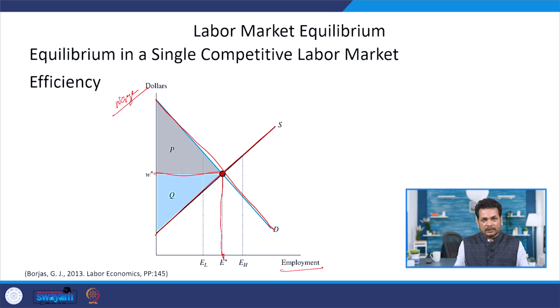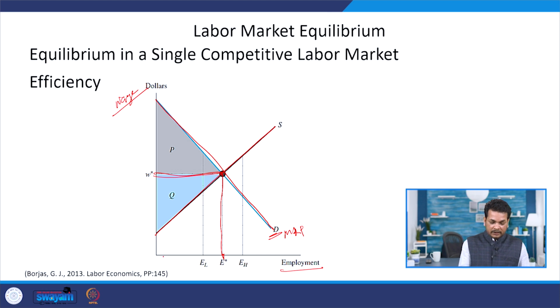Now, if you look at this point of equilibrium, we are saying that the producer surplus and the worker surplus is maximum. Now, the demand curve is guided by the marginal product of labor, the marginal physical product of labor.